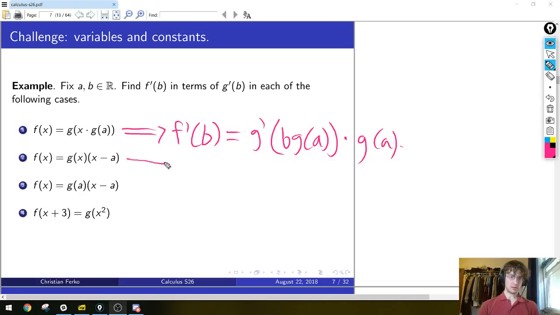Okay, now this thing, which has g of x times the quantity x minus a. So again, what is f prime of b in this case? I believe that this is going to be by the product rule. Yes.